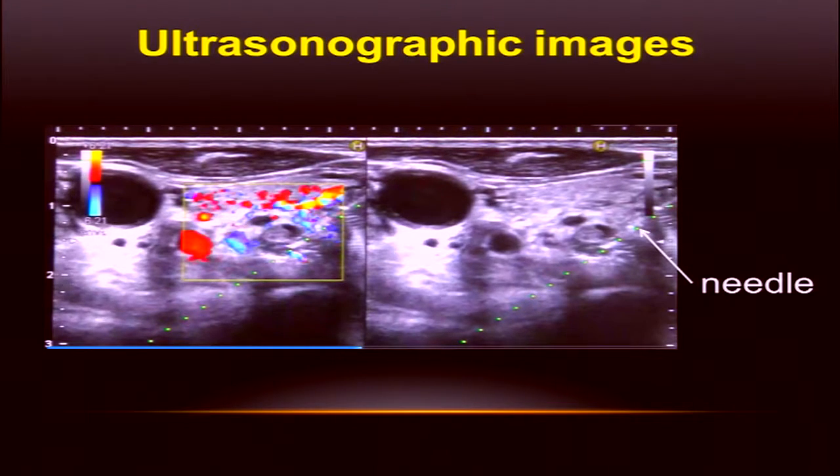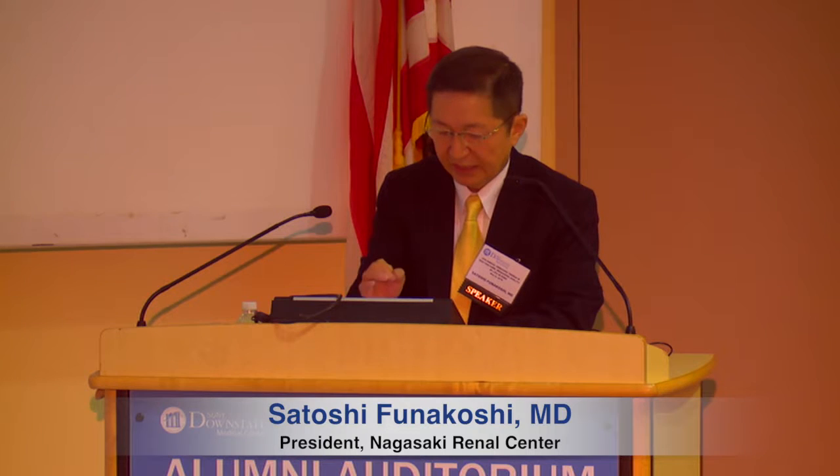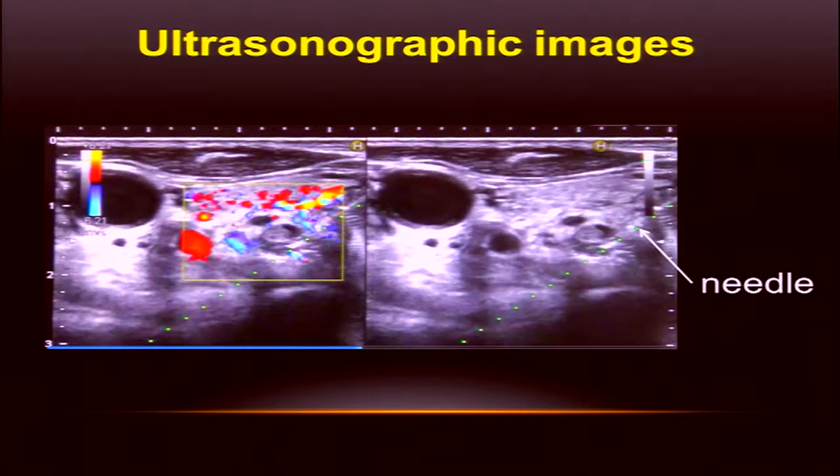Left big black one is the carotid artery, and the center red one is another big artery. But artery is not scary. We can see them pulsating, moving. But what is scary is the laryngeal nerves. It's below the parathyroid gland, and it's invisible.